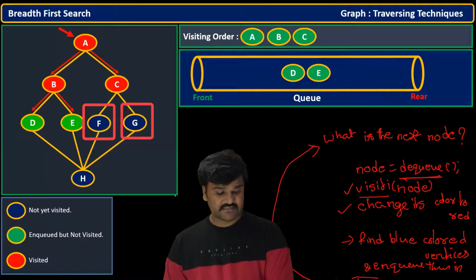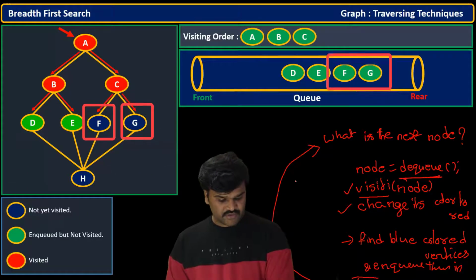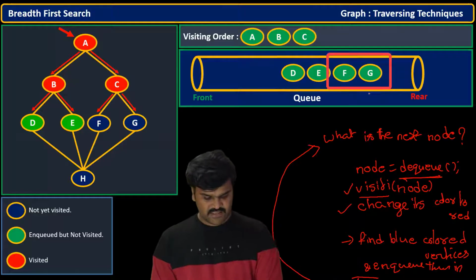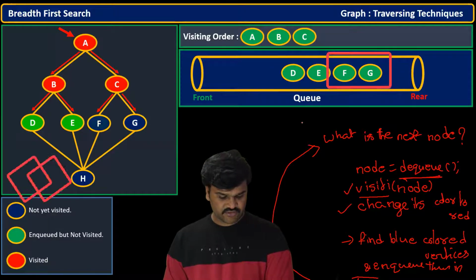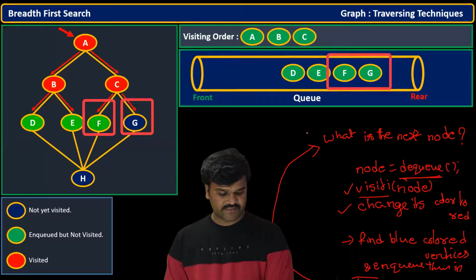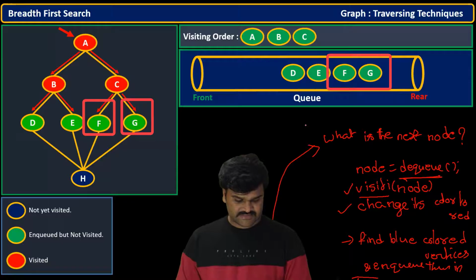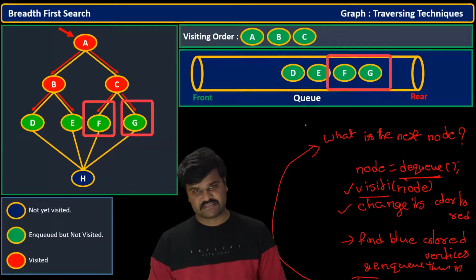Here F and G are not yet NQ'd, so those two we NQ into the queue, in any order again. So F and then G we NQ'd. We have to change their color to green. This is the status after C's iteration is completed.